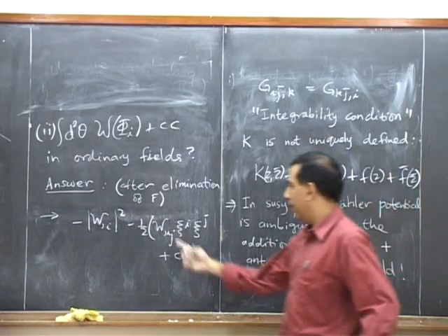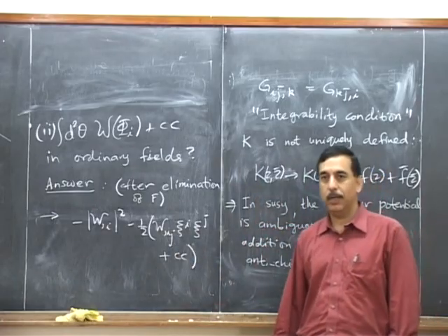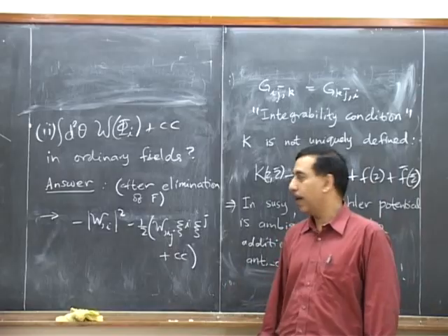Notice that when W gets differentiated, it has to be differentiated only in indices of I type and not I-bar type, because it doesn't depend on I-bar anyway.